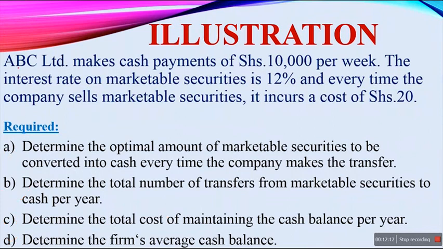So they're saying ABC Limited makes cash payments of shillings 10,000 per week. What does that mean?